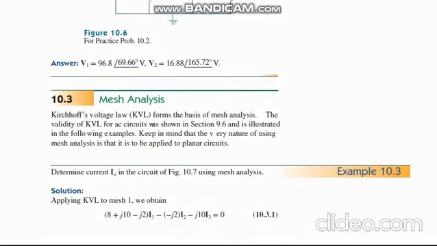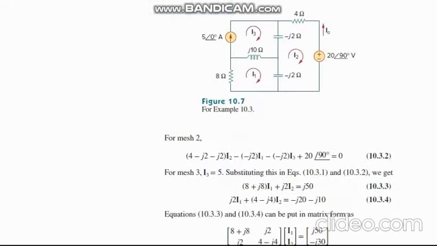That's the basis of the nodal analysis, and applying Kirchhoff's voltage law, we will find out the mesh currents. Okay, it's like the opposite of nodal analysis. But here we have to keep in mind, just look at the network here.